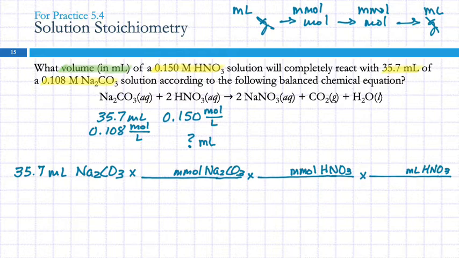So I'm going to just follow my dimensional analysis strategy and take this unit and bring it down here. So that's milliliters of sodium carbonate, and those are going to cancel. Down here, I'm going to get millimoles of sodium carbonate, and those cancel.